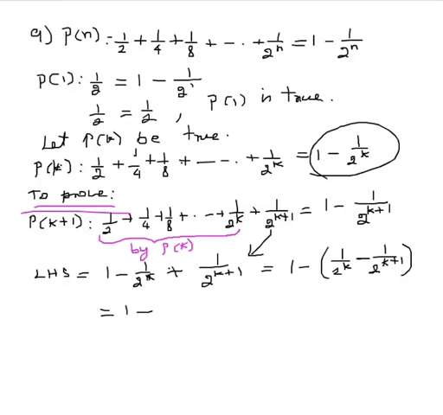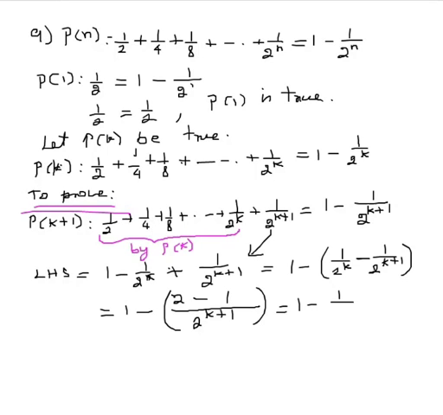Now I combine these two terms by taking the LCM. Here the LCM is 2 power (k plus 1), because 2 power (k plus 1) is 2 power k into 2, so the 2 power k factor is already present. Now this is into 2 minus 1, which is 1 minus 1 by 2 raised to (k plus 1), and this is our right hand side to be proved. We got the answer.